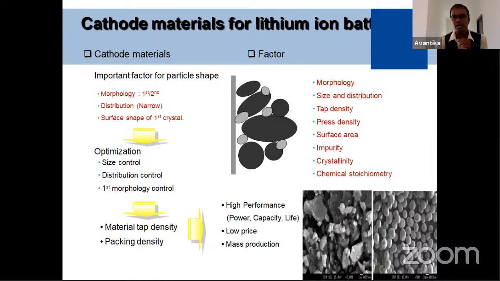Then size and distribution. What is meant by size? We can say grain size or particle size. We have to optimize the particle size or grain size also. In nanotechnology, I already showed that slide. If you bring the particle size into the nano region, then the conductivity will become higher.